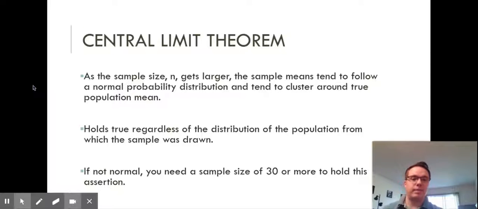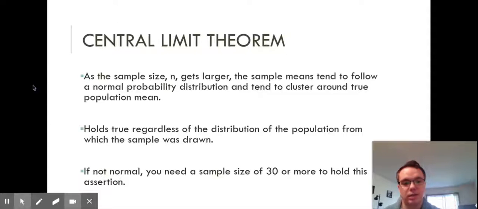What the central limit theorem basically says is that with more and more observations and our sample size getting bigger, the distribution of the means gets more and more normal. They tend to have the mean in the middle, just like the normal distribution we learned about earlier. So as our sample size gets larger, the means become more normal.